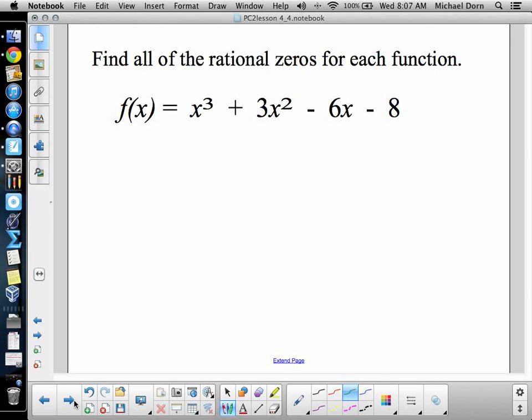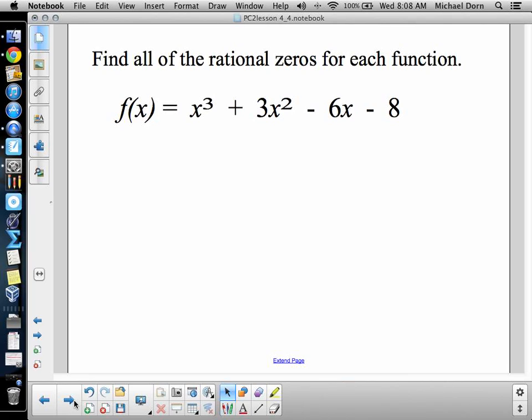Actually find the rational zeros of this function. Now this one's nice because it has a leading coefficient of 1. Just like with the old polynomials, whenever you get that leading coefficient of 1, that's awesome. Because that means I have no denominators, which means there'll be no fractions. How many will be happy by the fact that there are no fractions? I'm happy when there's no fractions.